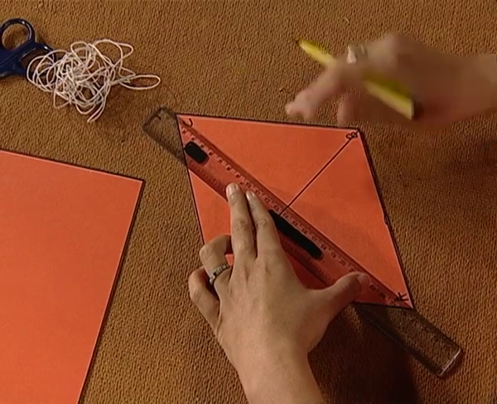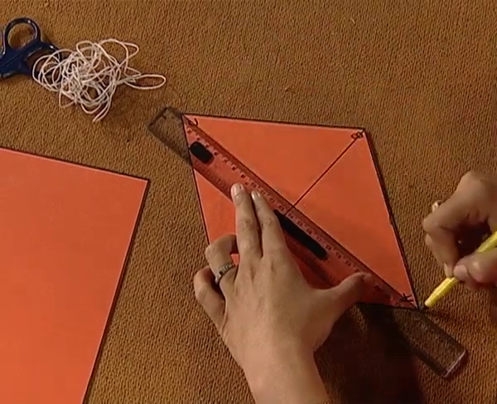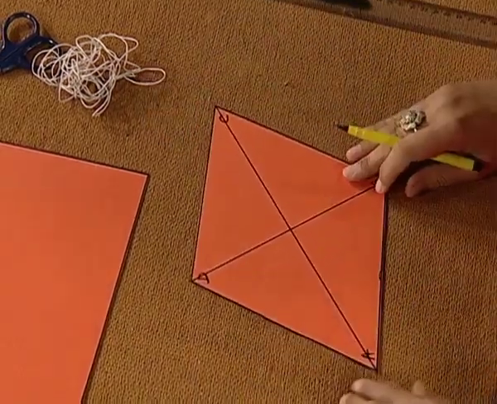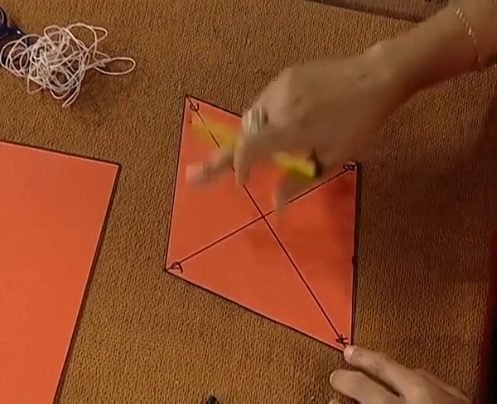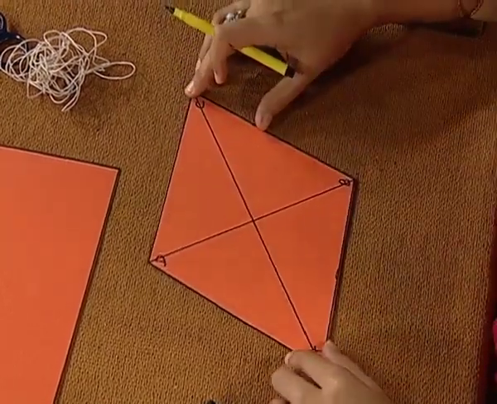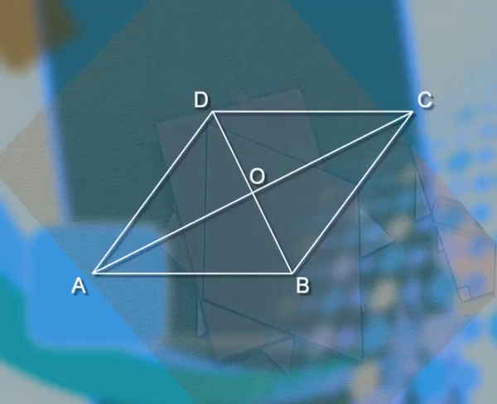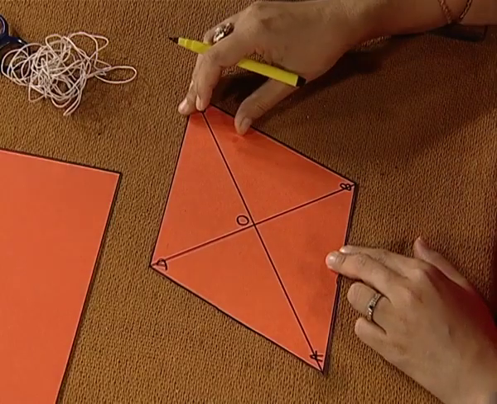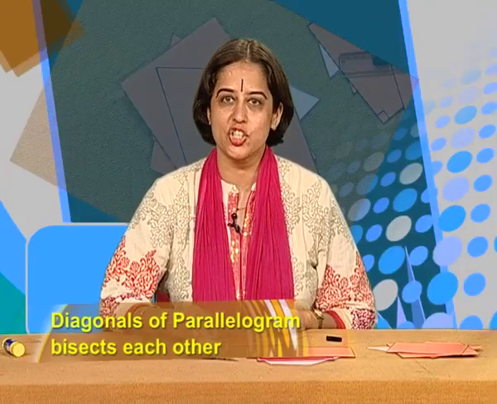BD and AC are two diagonals of the parallelogram ABCD. The diagonals of a parallelogram intersect at a point O. We know that diagonals of a parallelogram bisect each other.